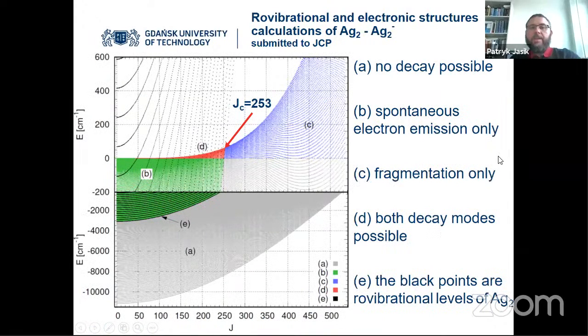And finally, we were able to map rovibrational levels of both systems. And you can see some special regions on this figure. For example, this gray part corresponds to the part in which no decay is possible.